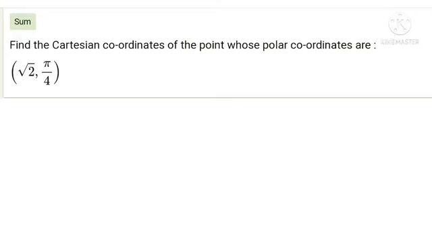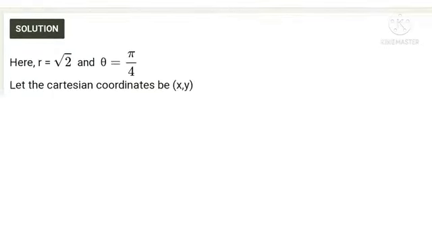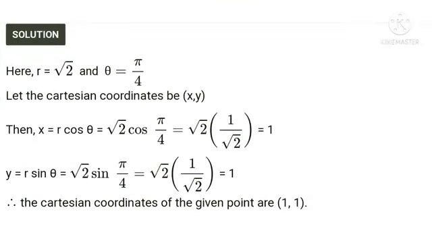We have been given polar coordinate root 2 and pi by 4, means here root 2 is r and pi by 4 is theta. See, the value of r is given root 2 and the value of theta is given pi by 4.